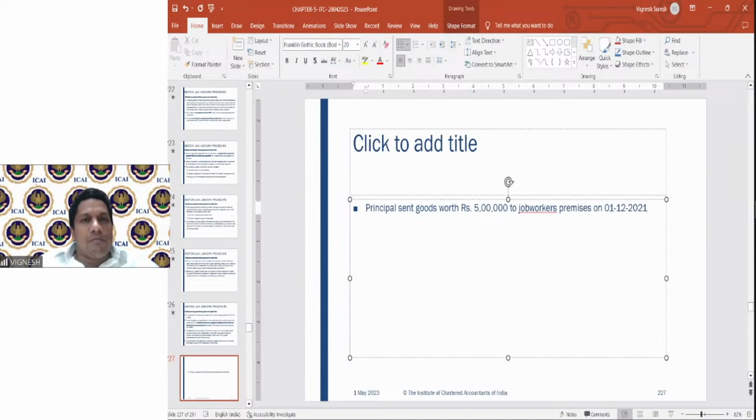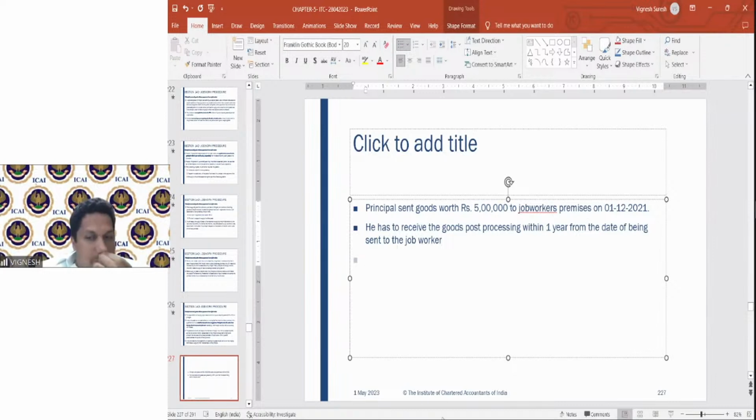What is the time limit which is given for inputs? 1 year. So he has to receive the goods post processing within 1 year from the date of being sent to the job worker.